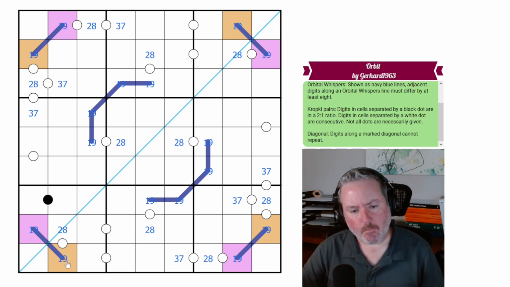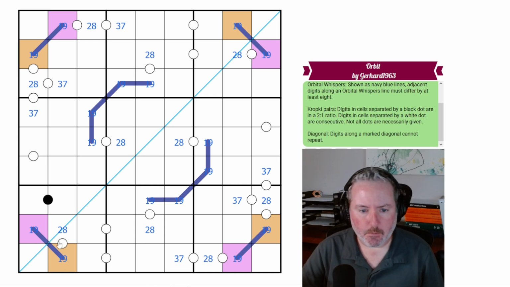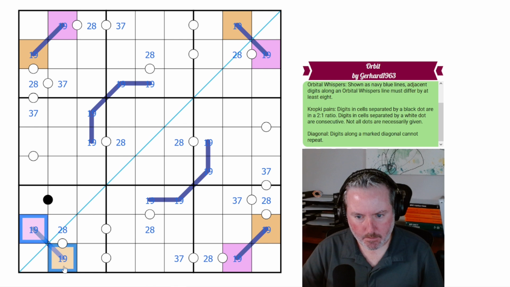Trying to think of how to phrase this in a way that makes sense. We can use the 1s and the 9s to determine the colors of the 2-8s.